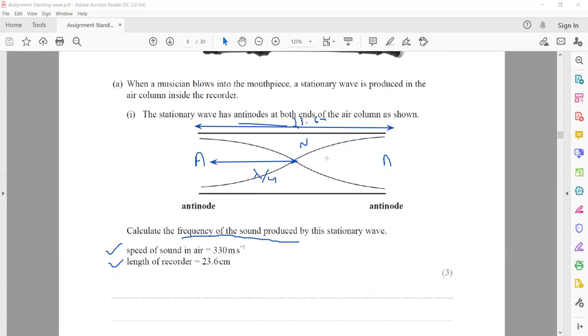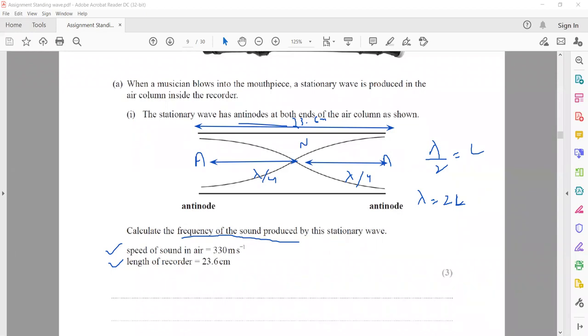And the distance between node and antinode is also lambda by 4. So basically the distance between two successive antinodes is lambda by 2. So we can say that lambda by 2 is equal to L, or lambda is equal to 2L.